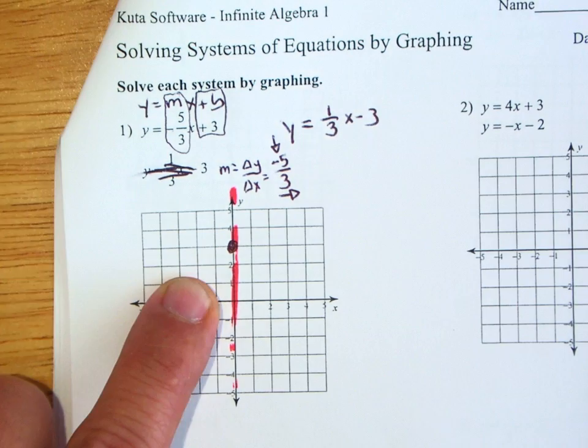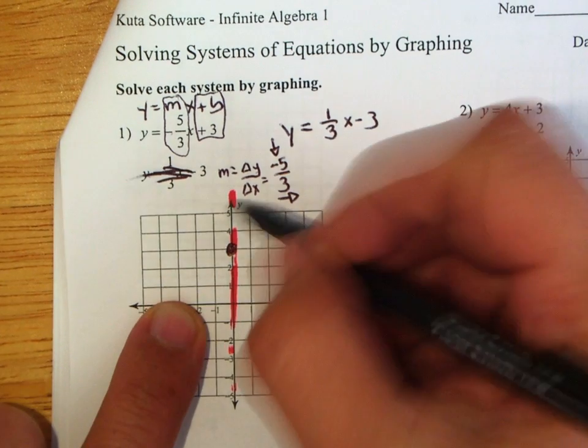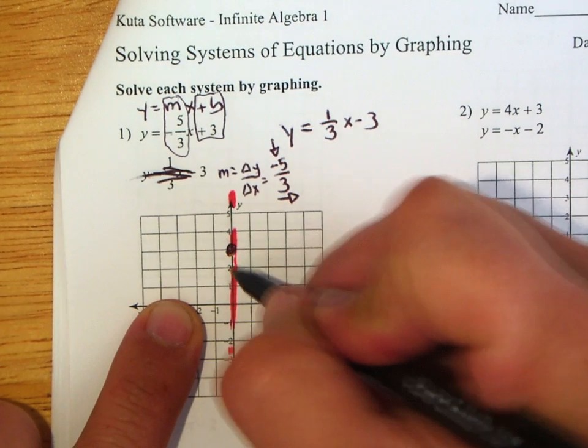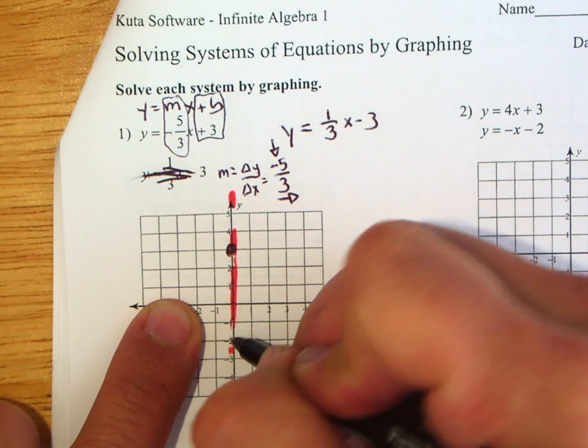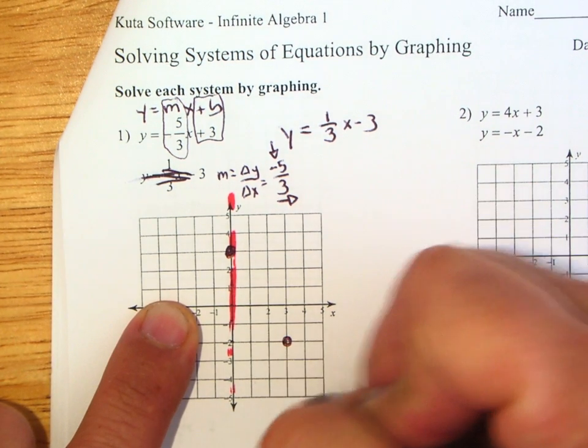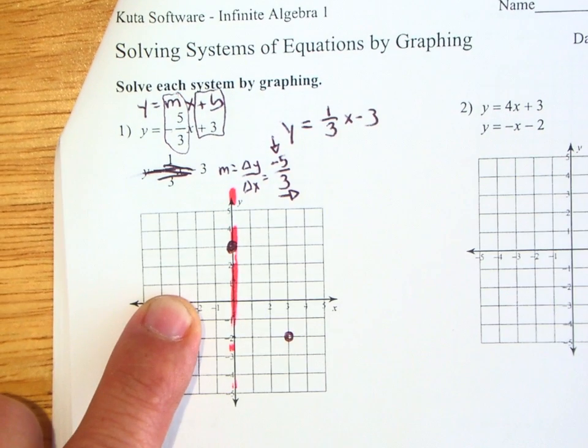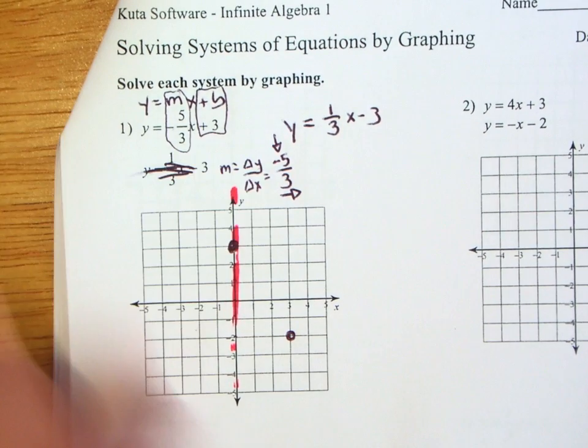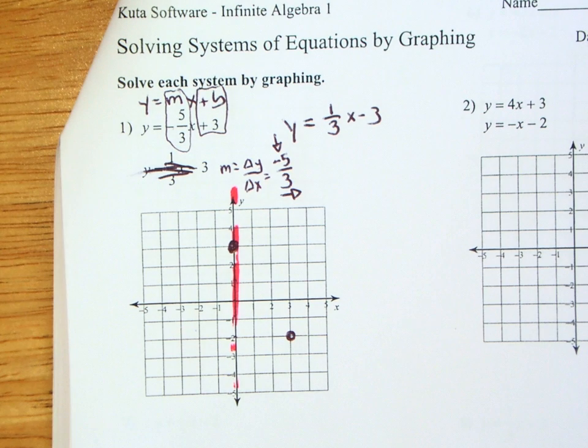Got it? So now let's go down. Here we go. 1, 2, 3, 4, 5, and then 1, 2, 3. So it's going to go outside the graph grid. So let's just leave it alone. And then we're going to go ahead and graph that.